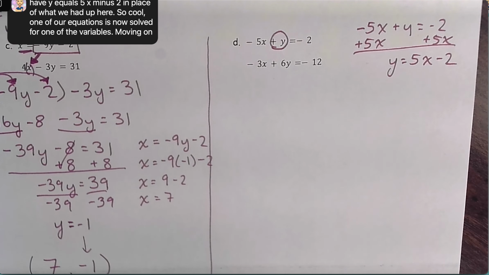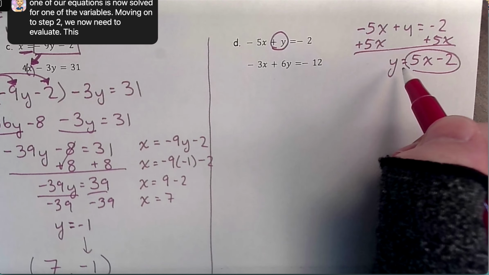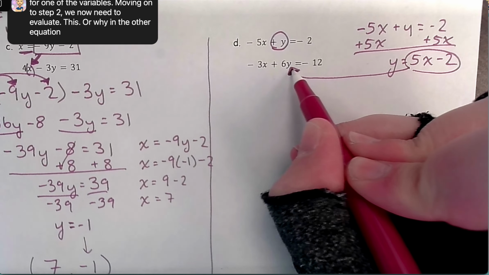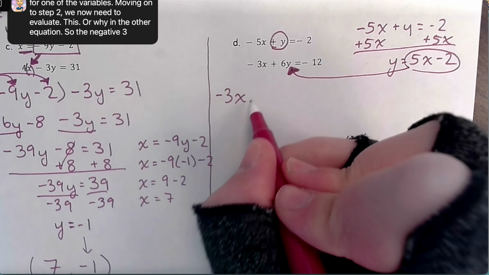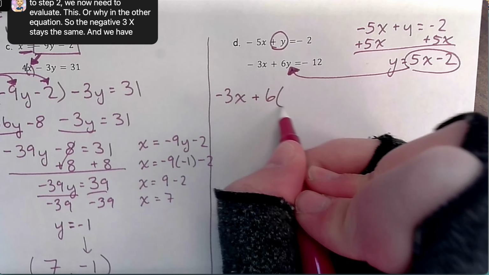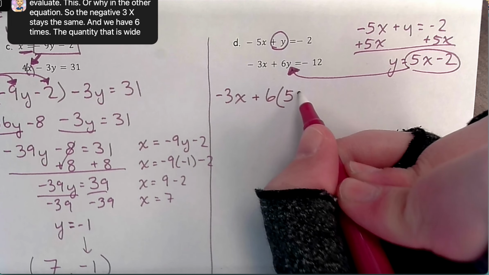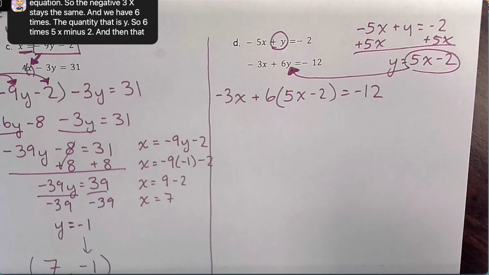Moving on to step 2, we now need to substitute this for y in the other equation. So the negative 3x stays the same, and we have 6 times the quantity that is y. So 6 times 5x minus 2, and then that's equal to negative 12.